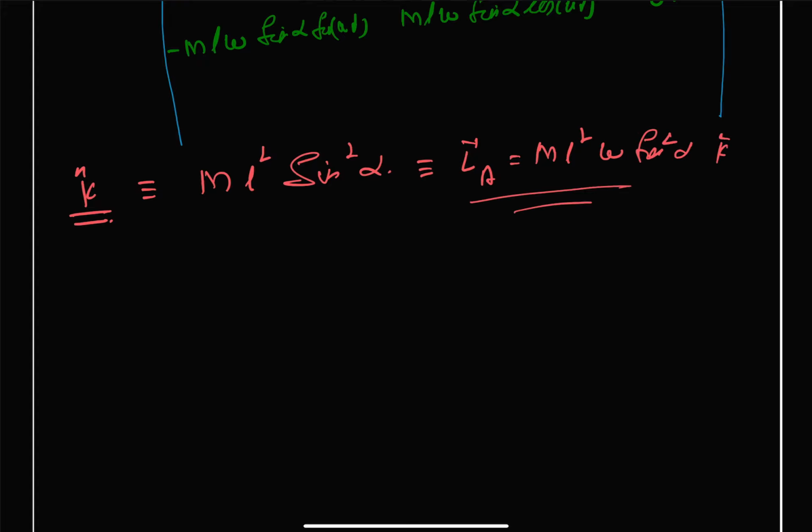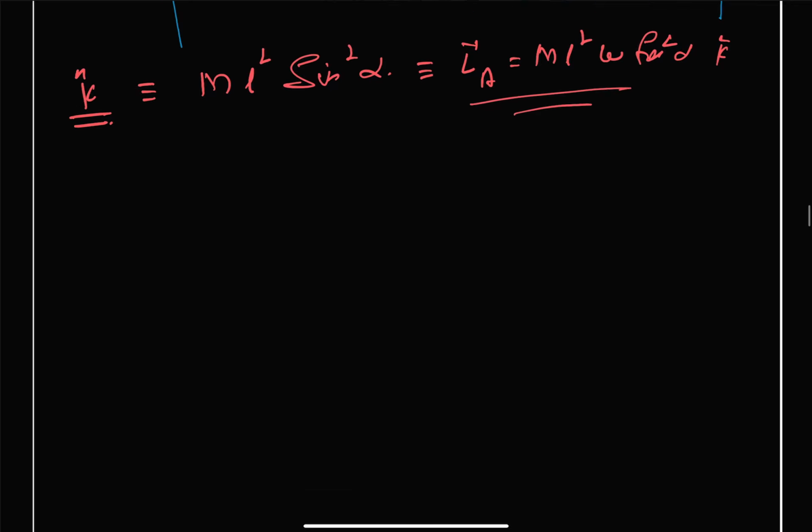There is another way to find this out. We know that the angular momentum about point A will be the moment of inertia with respect to point A times the angular velocity omega, and I_A will be equal to mass times radius square, multiplied by omega.